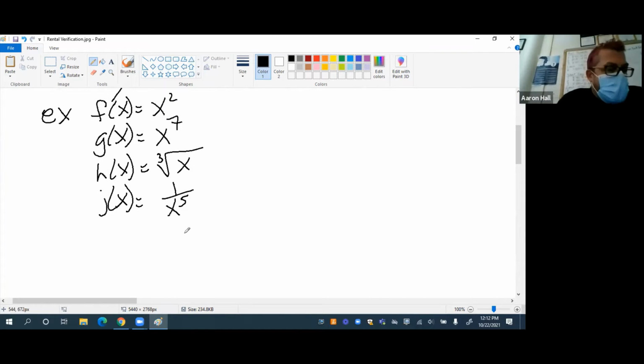Or how about y equals 1 over the cube root of x squared. Now we're going to use the power rule for all of these.